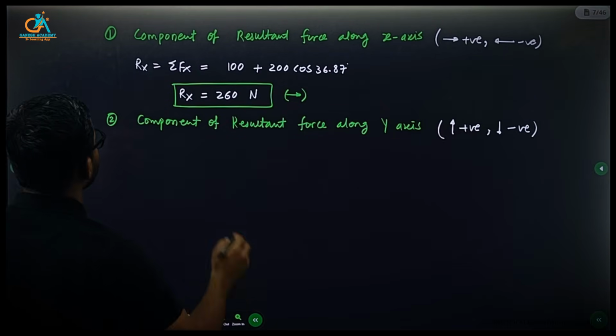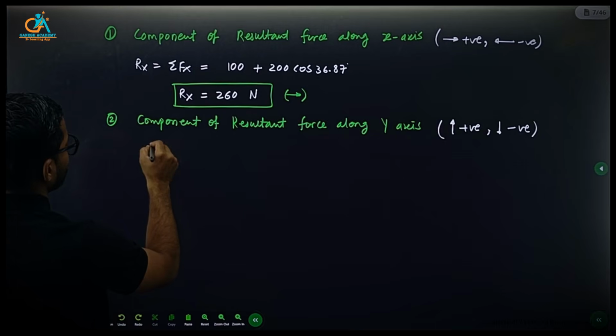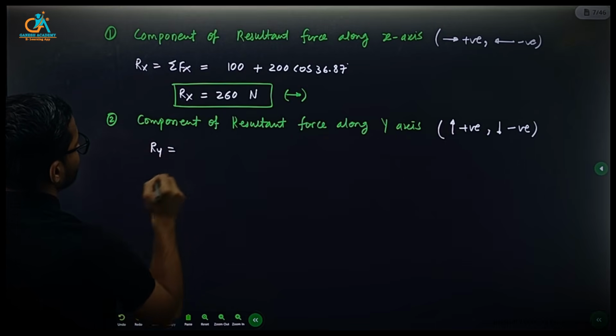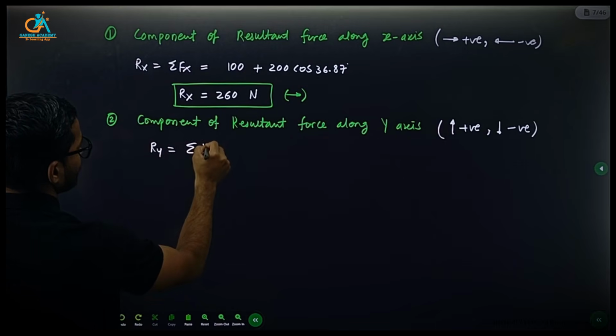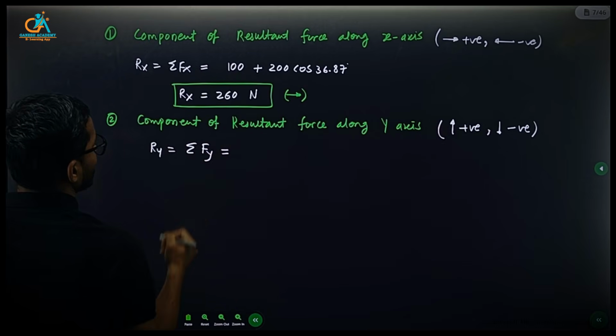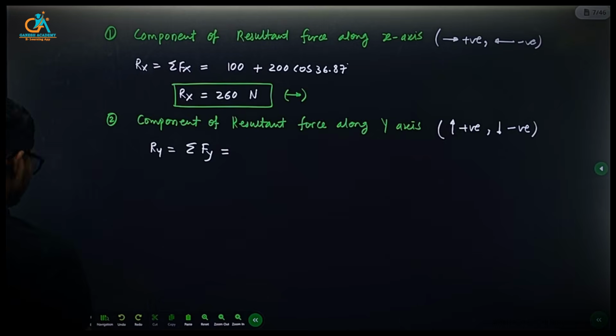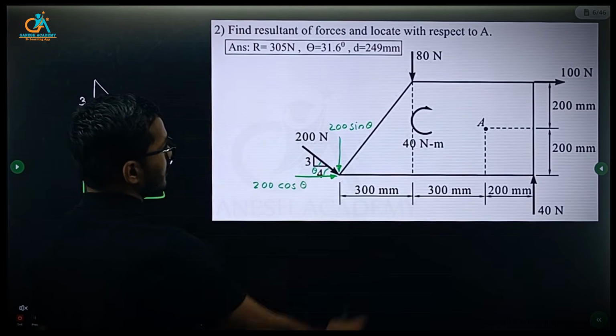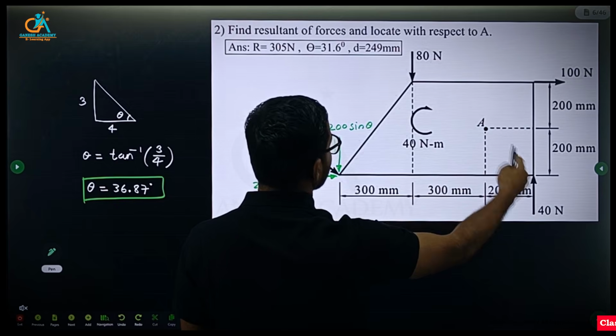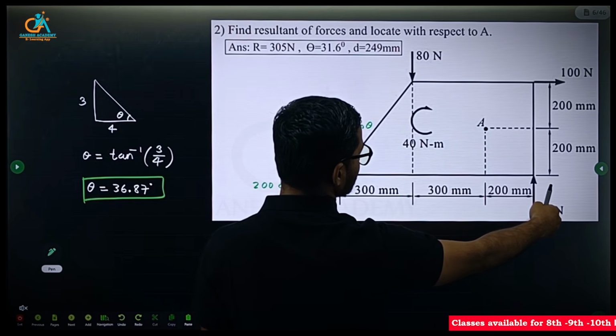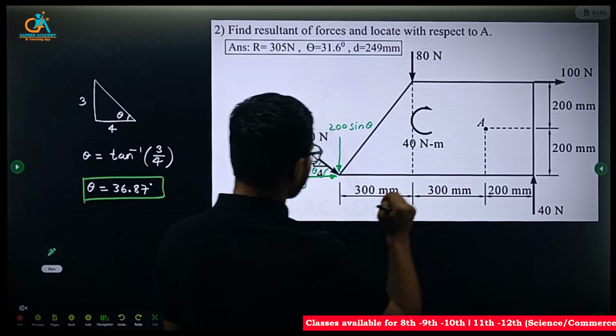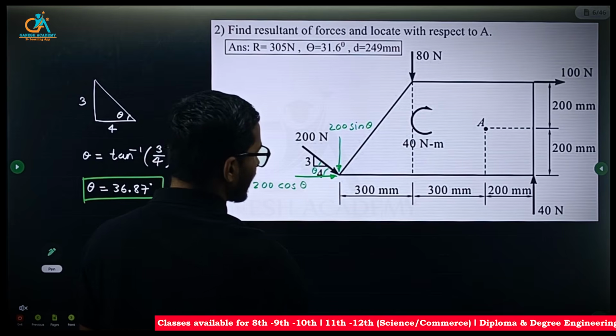Then Ry, the summation of Fy, is equal to this: 80 Newton downward, 40 Newton upward, and 200 sin theta downward.